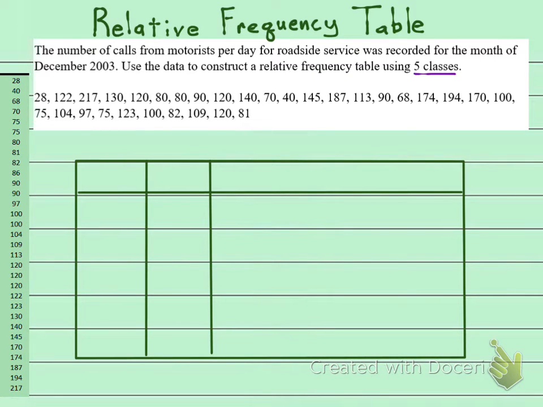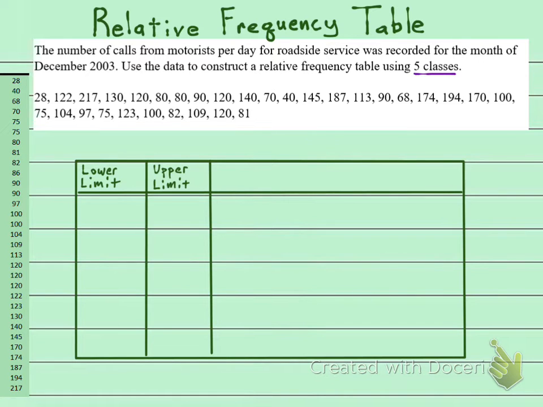The first thing I want in my table, notice that we have 5 classes: 1, 2, 3, 4, 5. First I want to put my lower limit, and then I want to put my upper limit.